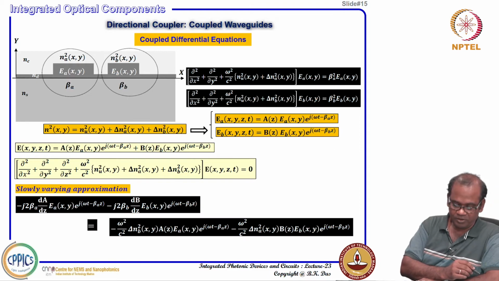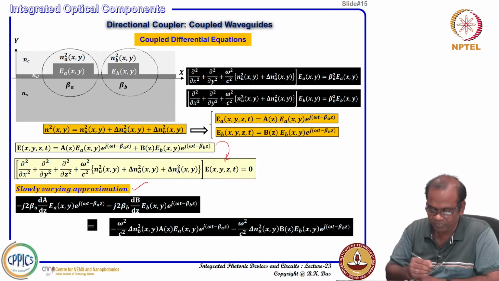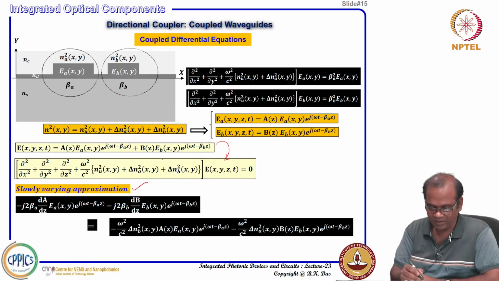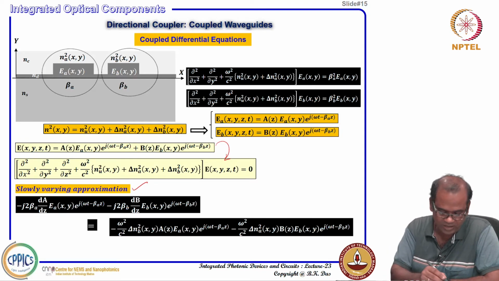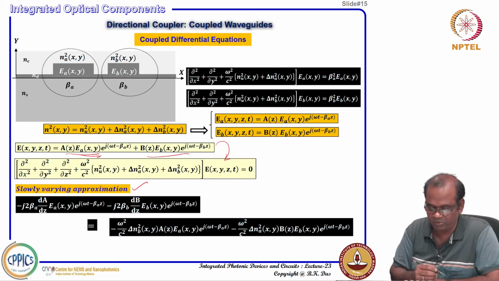Now, if I use the slowly varying approximation, the same way I have to find del squared E by del x squared, which involves only the x-dependent function, and del squared by del y squared the same way, and del squared by del z squared, which will give you this term.